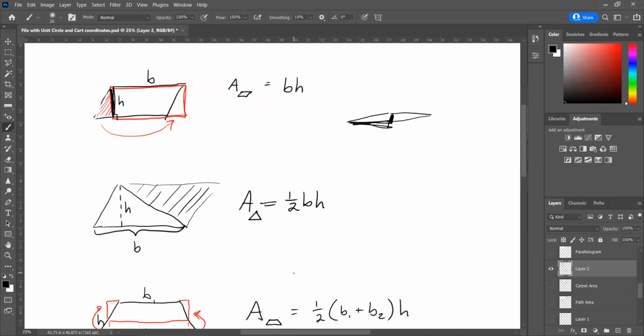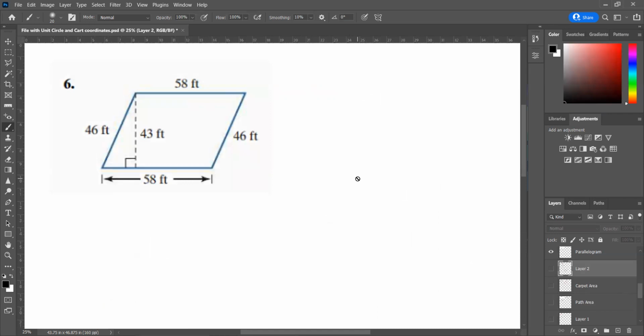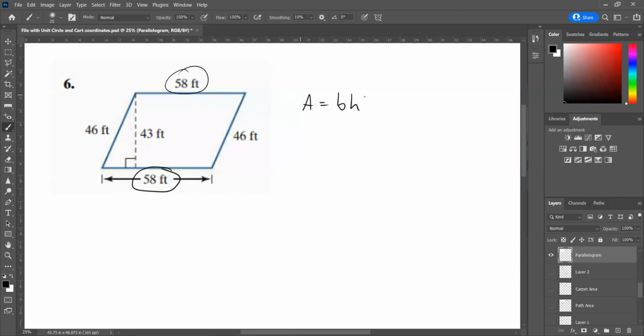Let's calculate some areas here and see how we do. We maybe have a parallelogram like this. We said the area of a parallelogram is just base times height. Got a lot of numbers here, a lot of shape things. So here's my base. Notice it's the same top and bottom. So that would be 58 times the height. And I said the height is that perpendicular distance between the two legs.